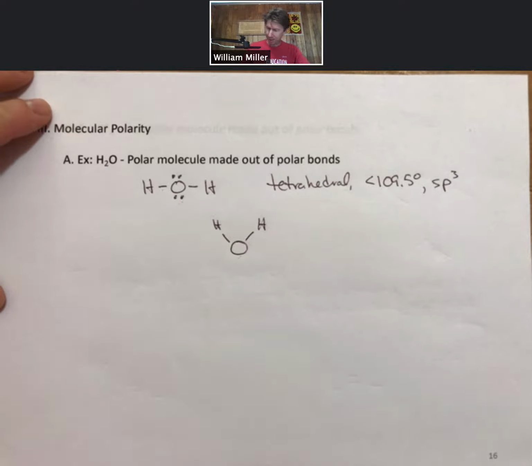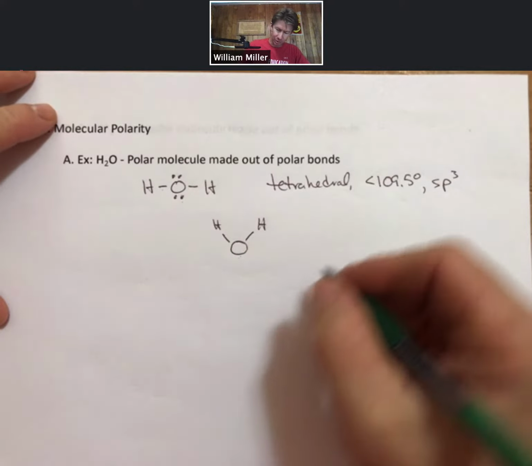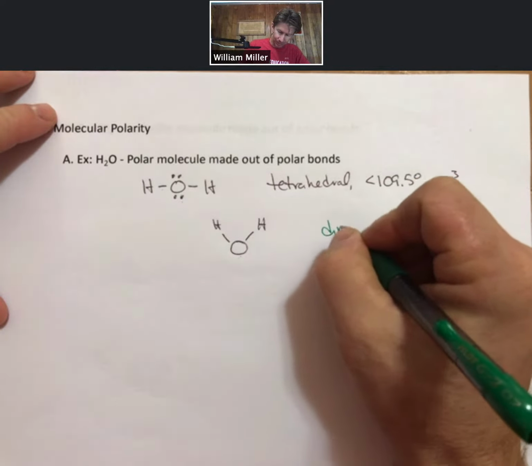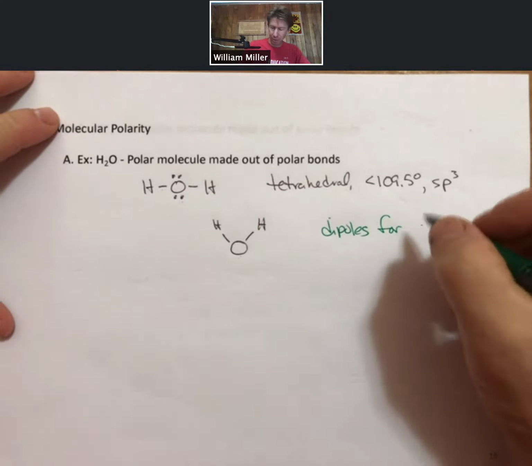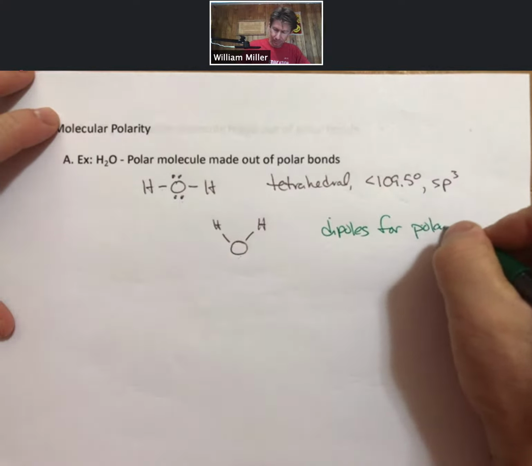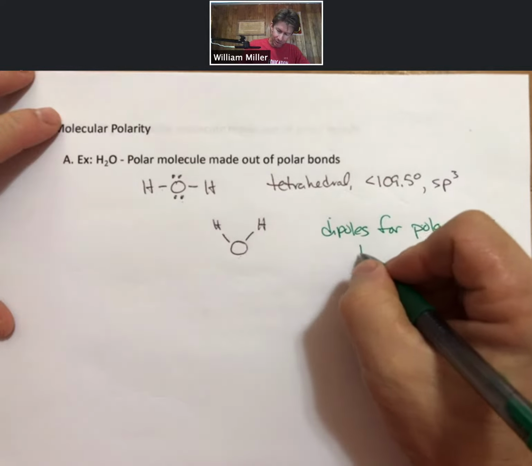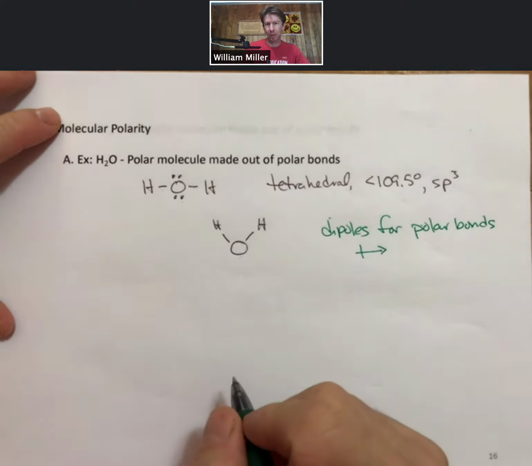Okay, so the next thing is we're going to draw dipoles. And you draw dipoles for polar bonds. And polar bonds are, of course, bonds in which there's a difference in electronegativity. The way that I'm going to draw each dipole is with a plus arrow.